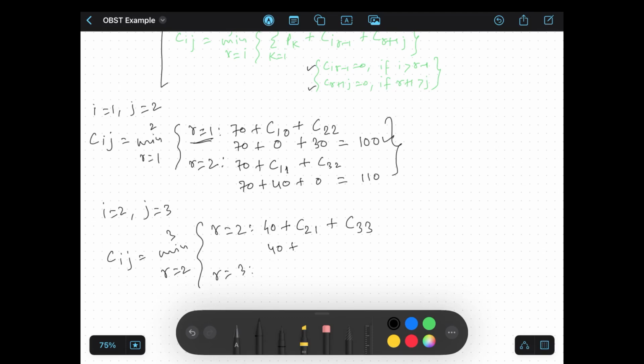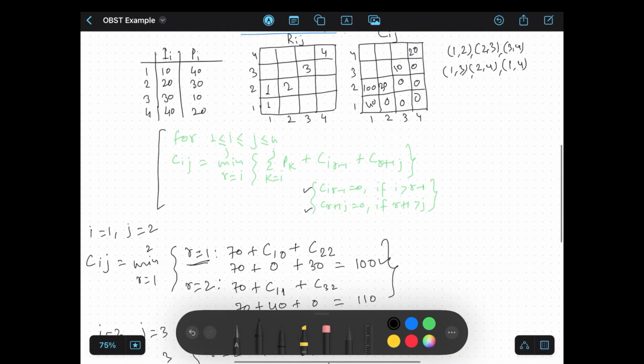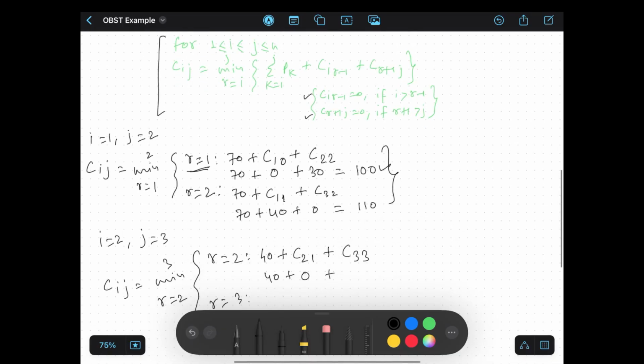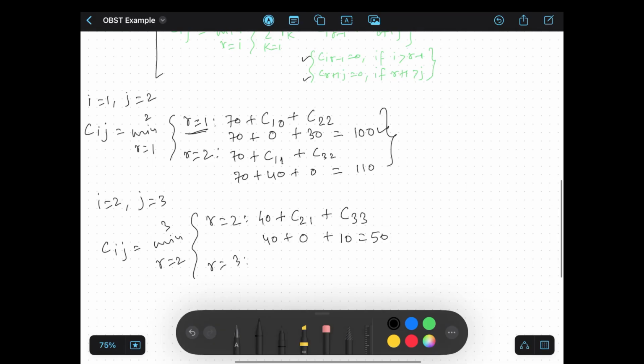Because our first condition is hit, i is greater than r minus 1, so this is 0, plus C33, which is 10, so this is 50.